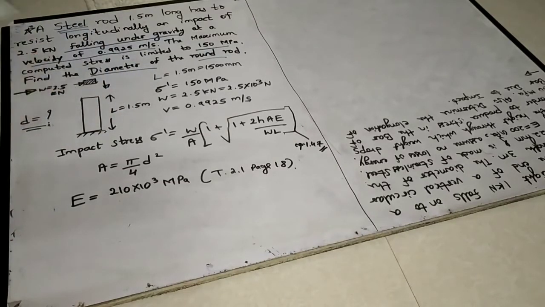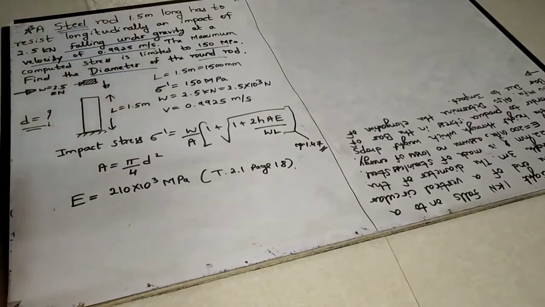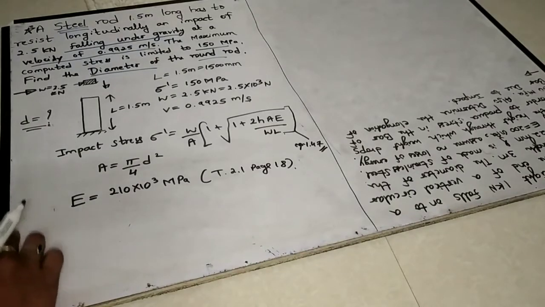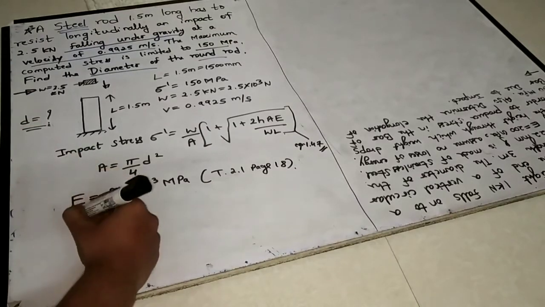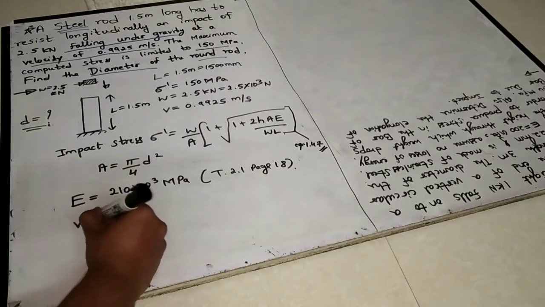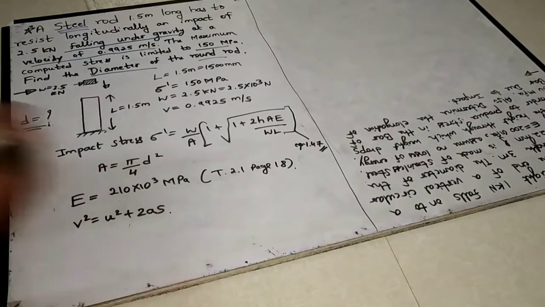This weight is free falling at a velocity of 0.9925 meter per second, right? So you might have known the relation from engineering mechanics or PUC 1, 2. You studied this. What is that relation? V square is equal to U square plus 2AS.